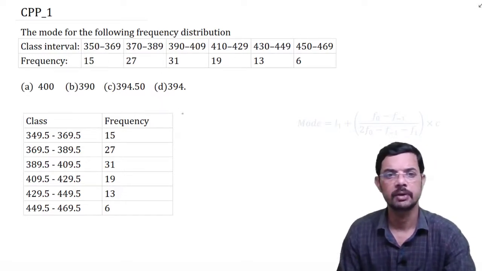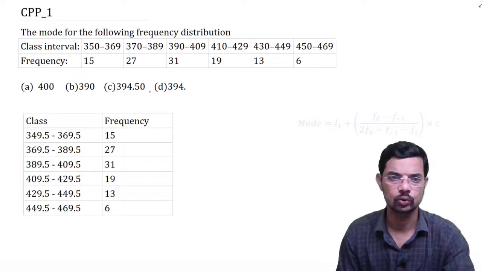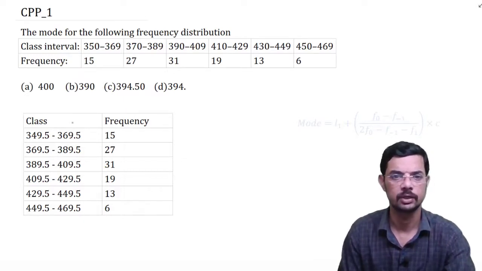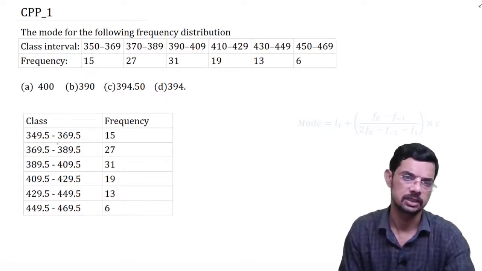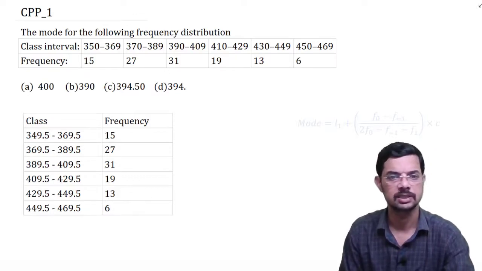We need not prepare anything fresh. Everything is as it is, except that I converted the inclusive class limits to exclusive class limits, so 350 to 369 becomes 349.5 to 369.5 and the frequencies are the same.